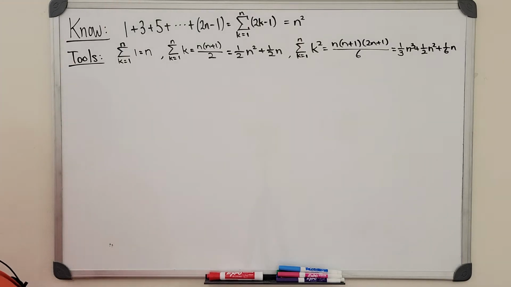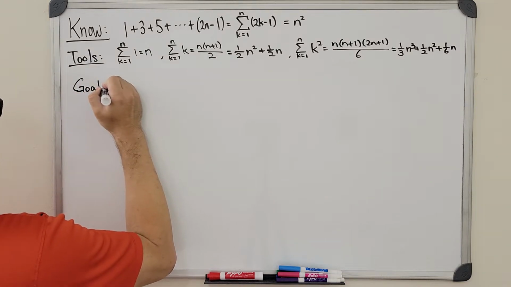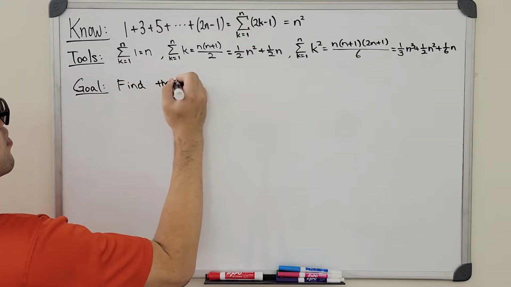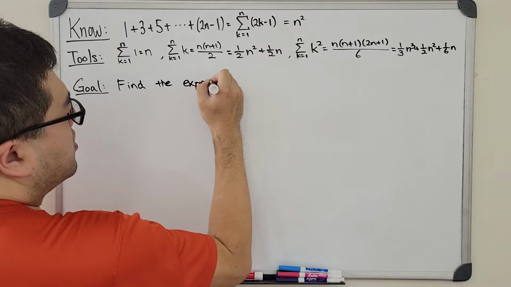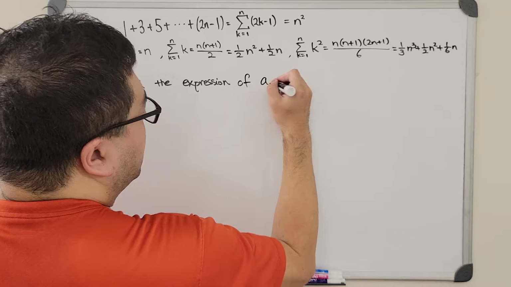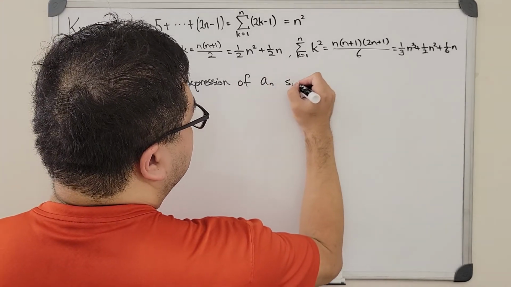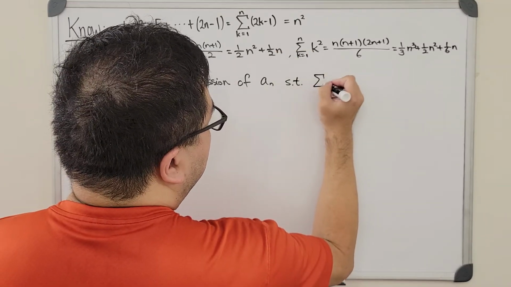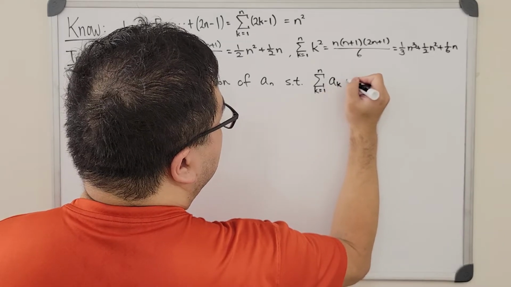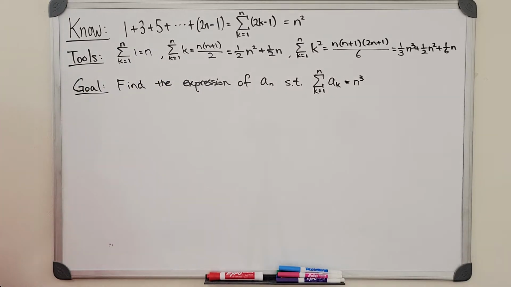So our goal here is, again, to find the expression of the nth term, or you can call it a_n, in this sequence, such that the partial sum of the first n terms will actually end up with n cubed.